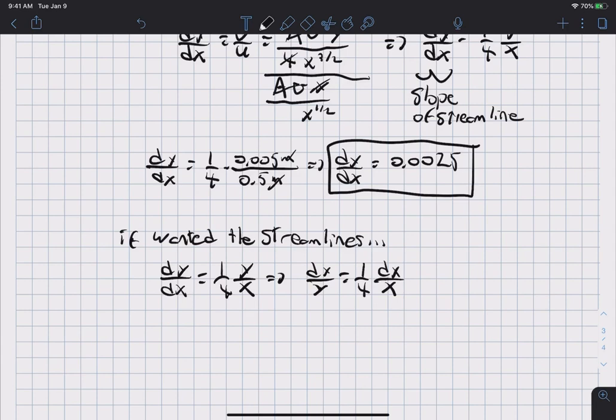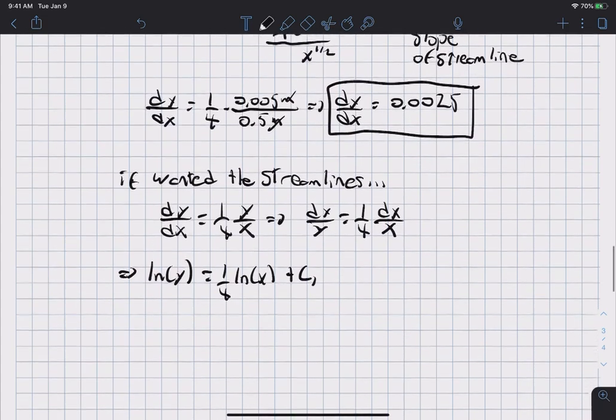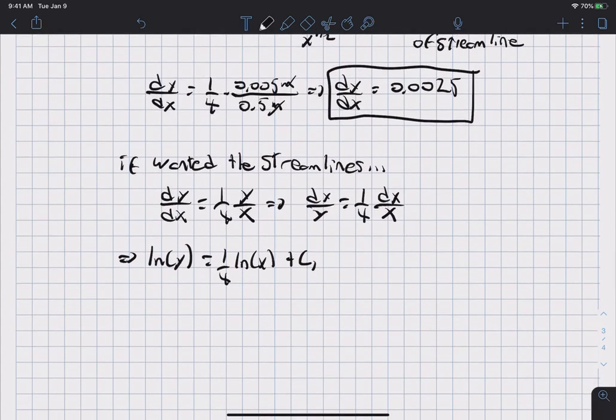Okay? So now we integrate this, and this gives us ln y equals 1/4 ln x plus some integration constant, and I'll just call that c1. Okay, and so we can exponentiate both sides, and so we have y equals e to the c1, and this is just a constant.